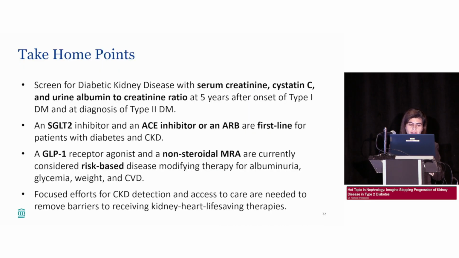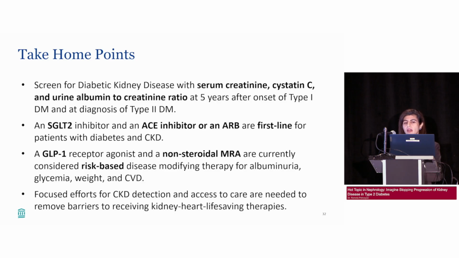So the take-home point is to screen for diabetic kidney disease, utilizing serum creatinine, cystatin C, urine albumin to creatinine ratio, starting at 5 years after the onset of type 1 diabetes and at the time of diagnosis for patients with type 2 diabetes.